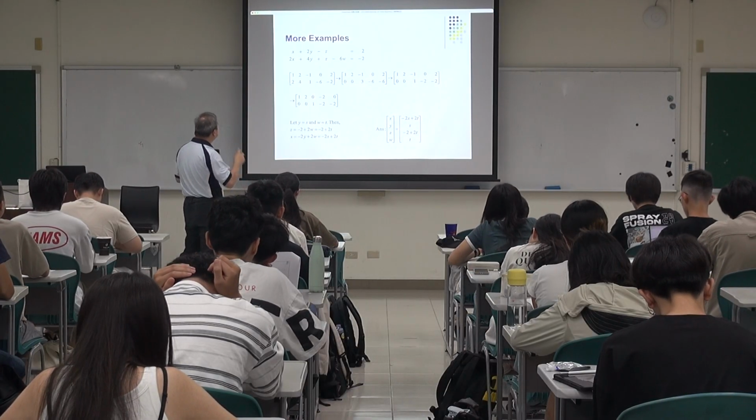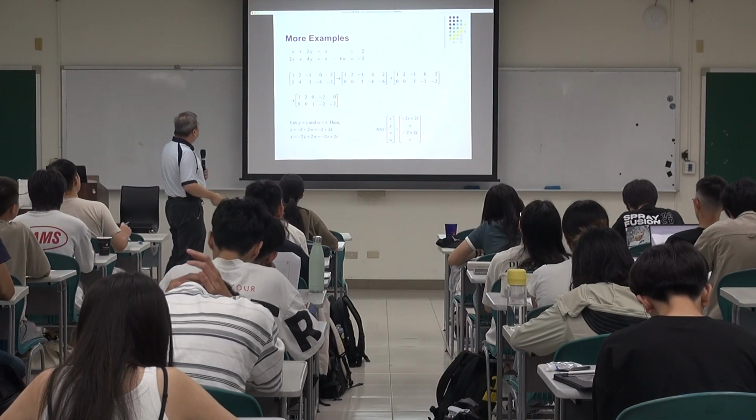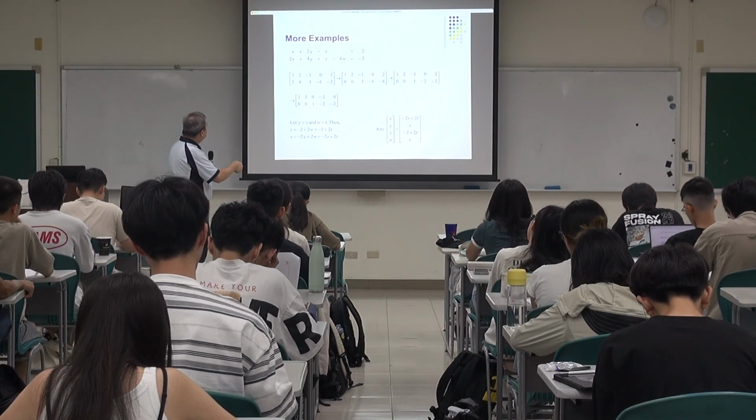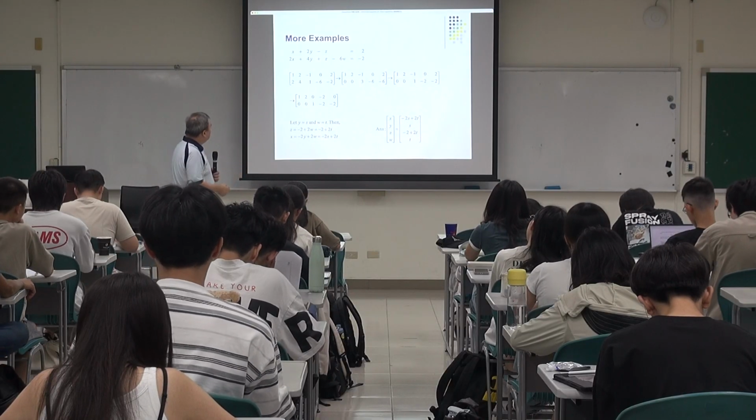This one. Okay. Here we have 2 rows and 4 variables.